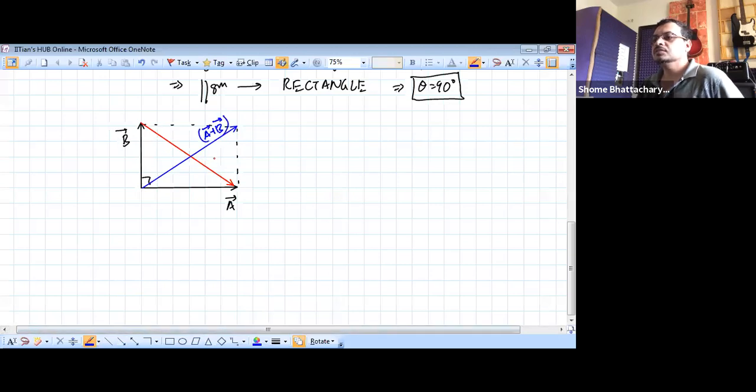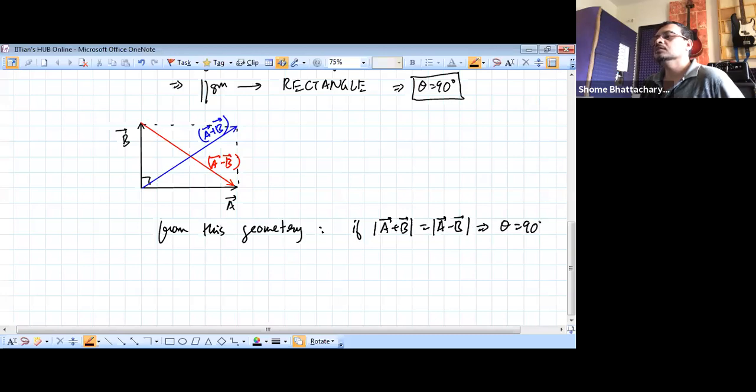Today's lecture will involve a lot of theorems and writing down notes, with fewer questions and more understanding of things in theory. So this basically shows that from this geometry, we can understand that if mod A plus B is equal to mod A minus B, it implies that theta is equal to 90.